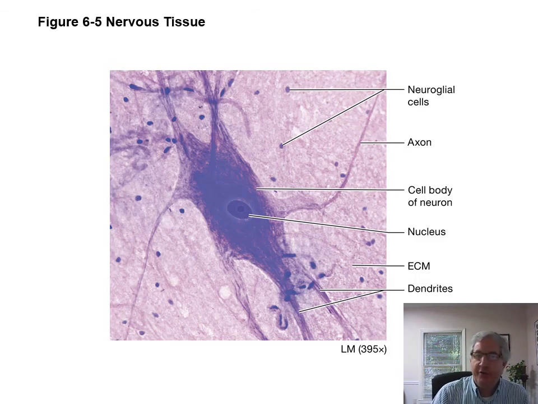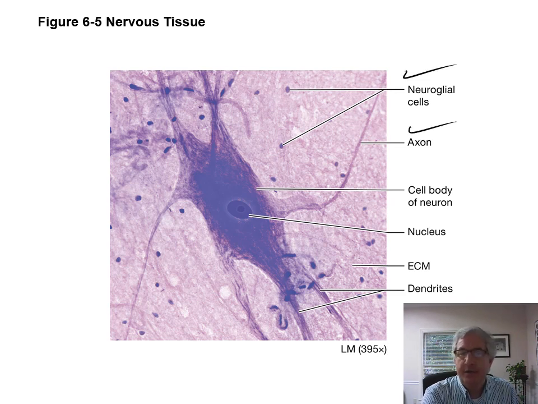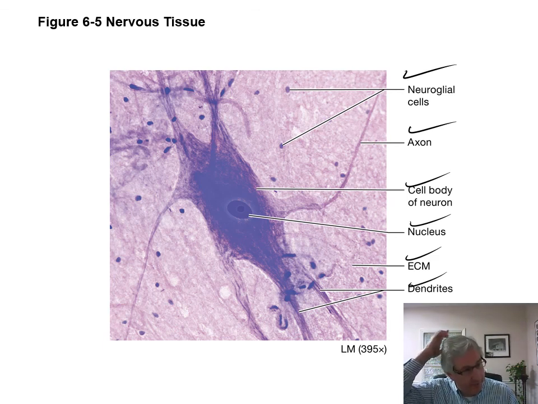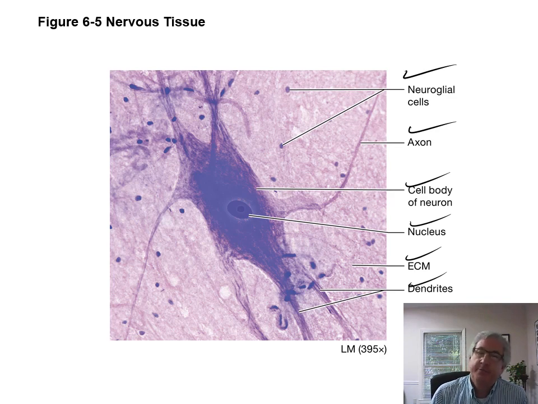Here's another picture of nervous tissue, showing the neuroglial cells, axon, and the cell body of the neuron, showing the nucleus. This is all extracellular matrix. You have dendrites hanging off of the neuron cell. So I'm just showing you different pictures of what nervous tissue looks like. It has neurons in it. It has neuroglial cells. Okay, next slide.